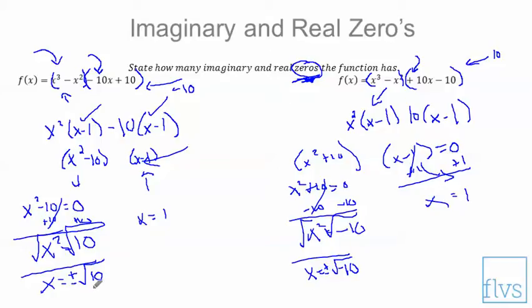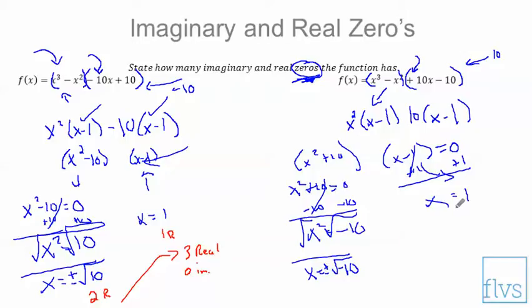The square root of 10, that's a real number. So here I've got 2 reals, and then x equals 1, that's 1 real. So together, this particular function has 3 reals and 0 imaginary.